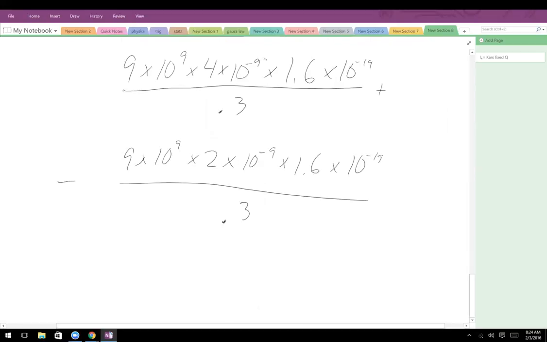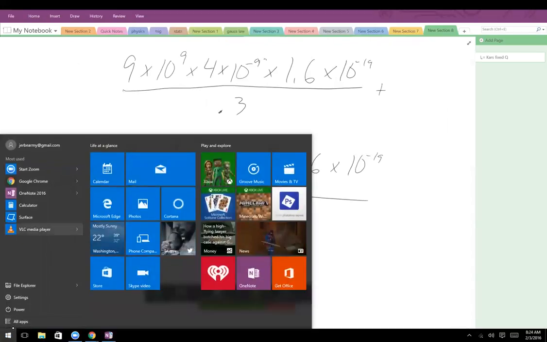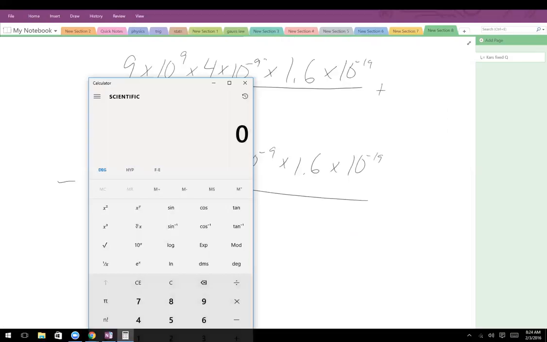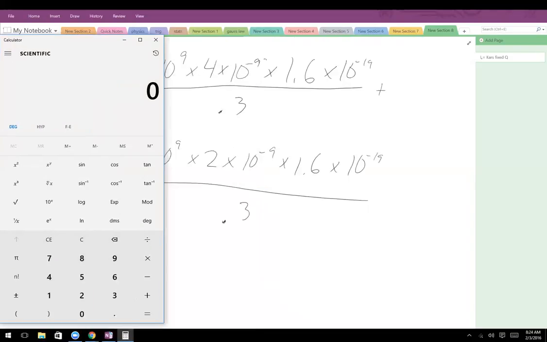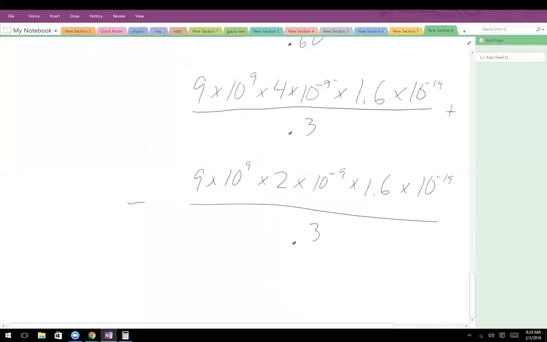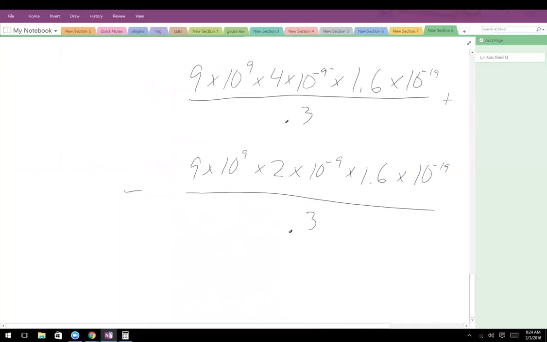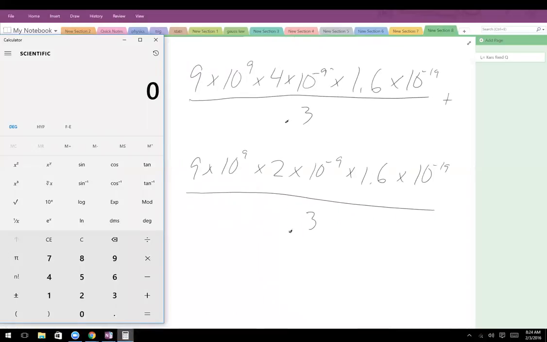And so let me grab our calculator app that we've grown to hate, because it's not as good as a real calculator, but it's what we got. So we got 9 times 4 times 1.6. Actually, let me just half that. So for the first one, since the denominators are the same, the 4 and the 2, they're just going to subtract, so it's not really a big deal.